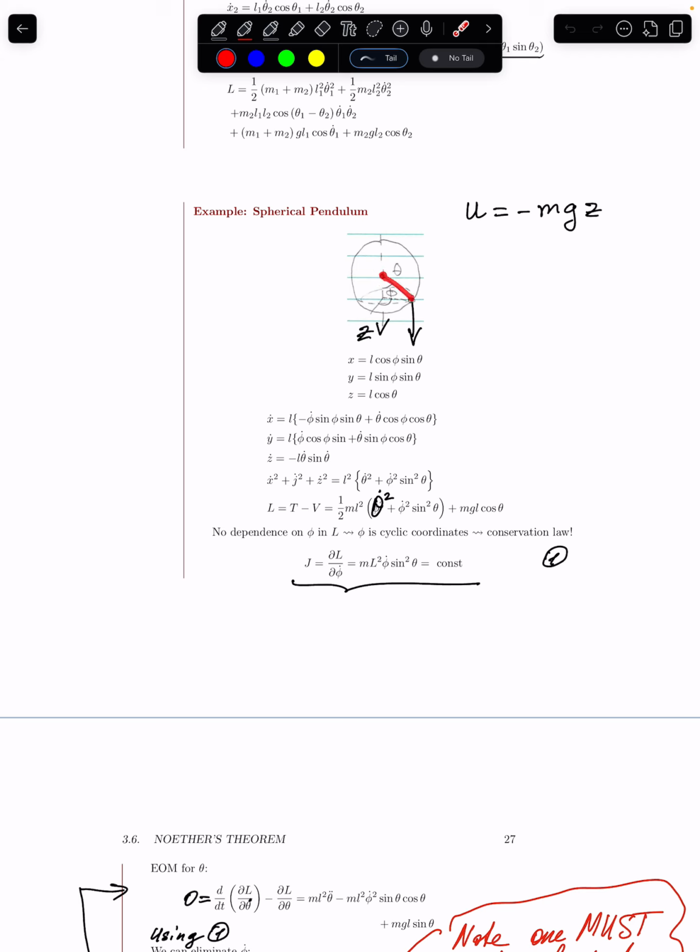This length is fixed by L. It is all in the presence of the gravity force shown over here, and we want to describe the motion of the spherical pendulum. You will see that there will be some new interesting differences compared to what we encountered before in the usual pendulum.